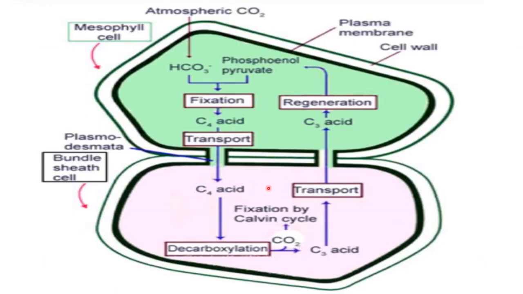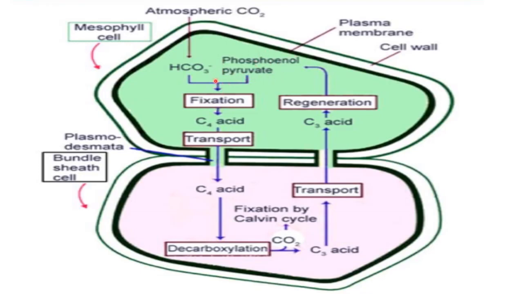So you can see here this is the C4 pathway, and first of all, atmospheric carbon dioxide is fixed here. This is the fixation of carbon dioxide, and phosphoenol pyruvate is the primary acceptor for the carbon dioxide.